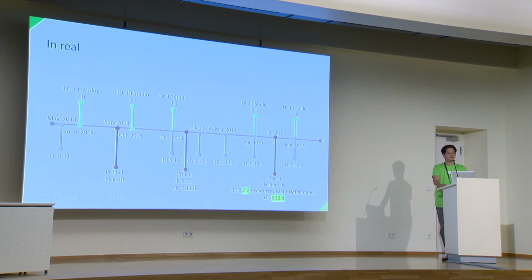And as time goes on, new features and new Qt versions are kicking in, but the customer doesn't want to upgrade the whole Qt, so they keep Qt at their starting version, let's say 5.12, but they will upgrade the Qt 3D Studio runtime to 2.2 with some features from 2.3 and more optimizations upon them.